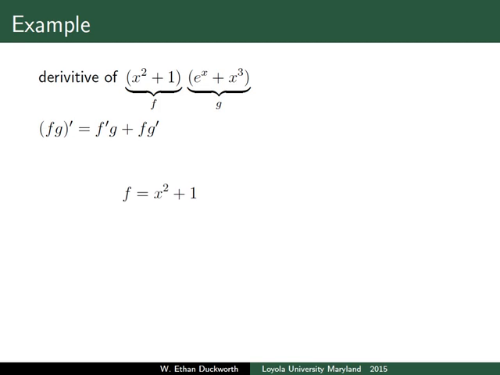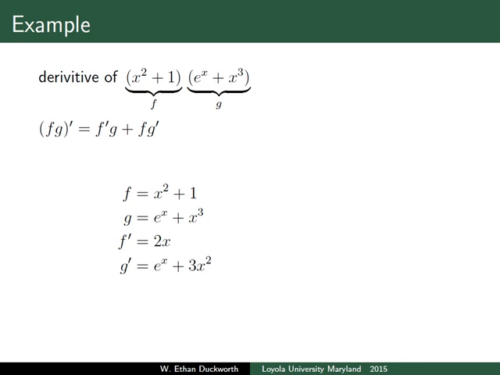So you can write f equals x squared plus 1 and g equals e to the x plus x cubed. And if you write that, it kind of helps you go to the next step and write down the derivative. f prime equals 2x. g prime equals e to the x plus 3x squared.